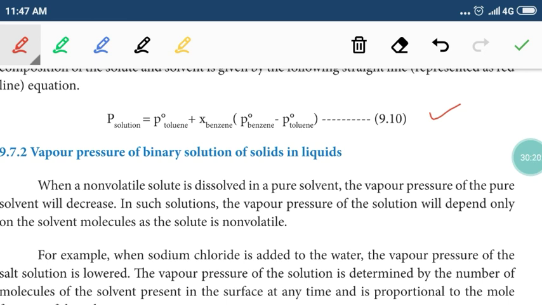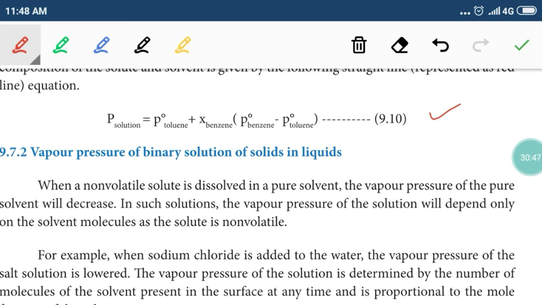And what are the limitations? Next thing, we consider liquid binary solutions. Liquid solute is dissolved in liquid solvent. For this type of solution also, vapor pressure is directly proportional to the mole fraction of that component in the solution. And we have to know what is vapor pressure. We explained what is vapor pressure. So based on Raoult's law, the final equation is obtained. This is an important question.